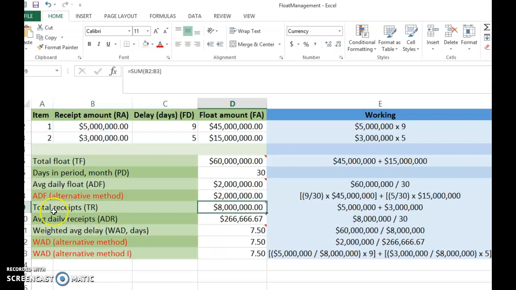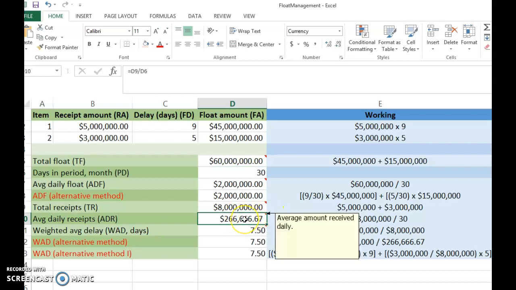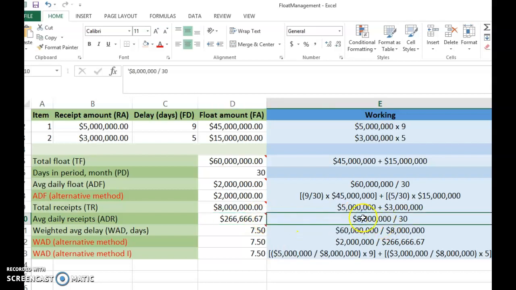So the average daily receipt is this divided by that, meaning the average amount received daily. On an average day, that will be your receipt. 8 million divided by 30 will be $266,666.67. So this is how you compute that.